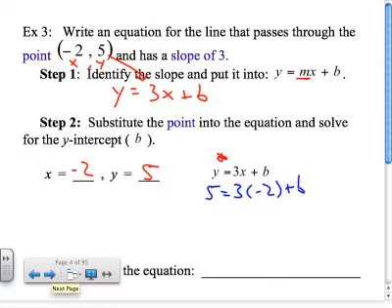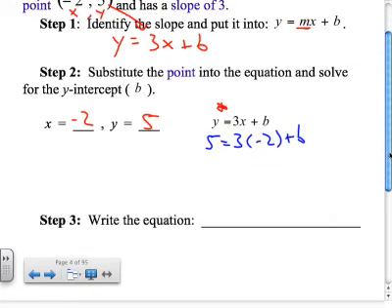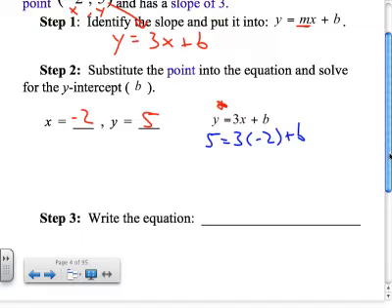Again, understand the task is to write an equation. So solving for b is not my task, but it is part of what I have to do in order to write the equation. So as I go through here and begin simplifying, I get 5 equals negative 6 plus b. Again, just use the skills that we've already talked about. Add your 6 to both sides, so those cancel. And so you find that your y-intercept is positive 11.